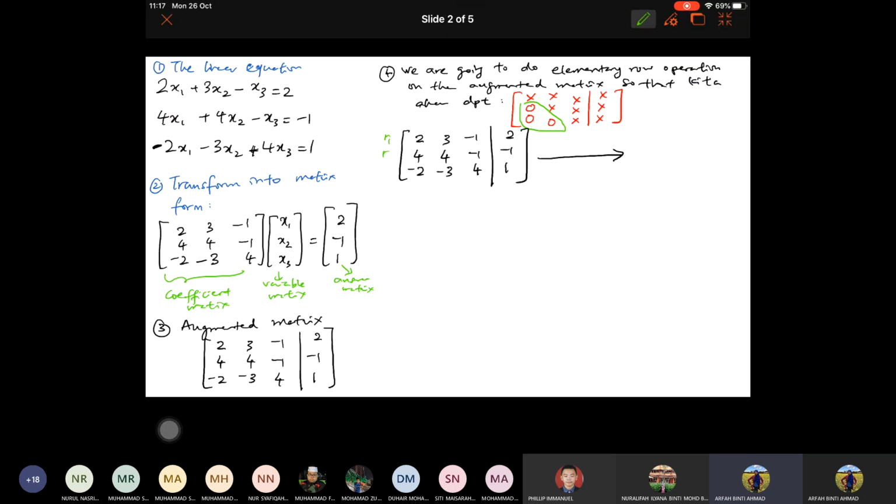This is your row 1, row 2 and row 3. Okay, I give you time to copy this one. Before we take a look at the operation that can be done, so that you will have the 3 element, the one at the segitiga bawah. Segitiga bawah apa dalam bahasa Inggeris? At the what is it? Triangle, yeah, lower triangle. Thank you for that. So the one at the lower triangle will be 0.